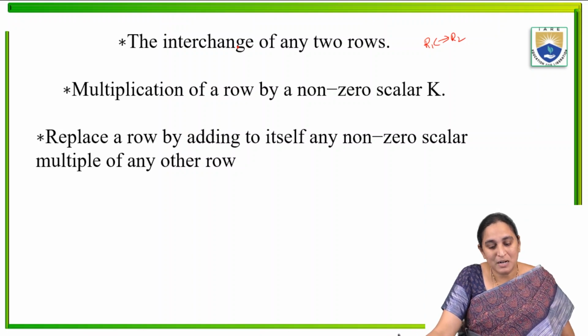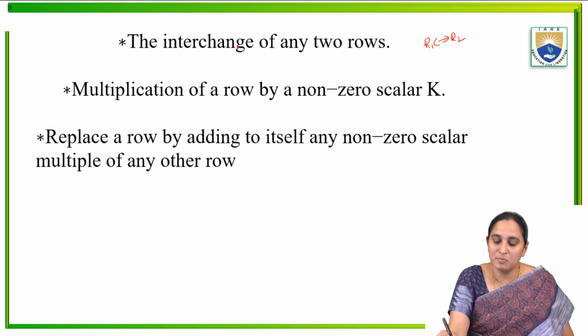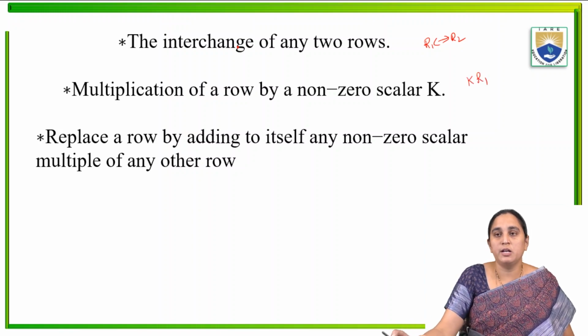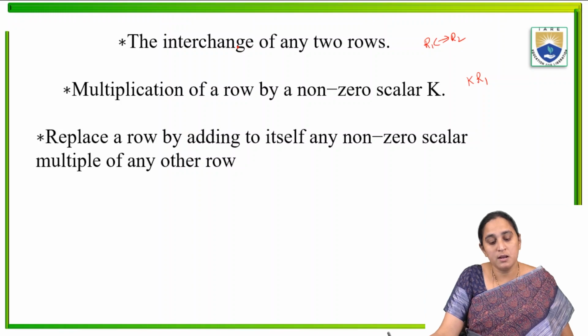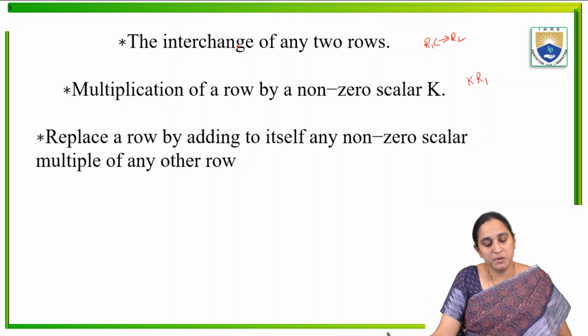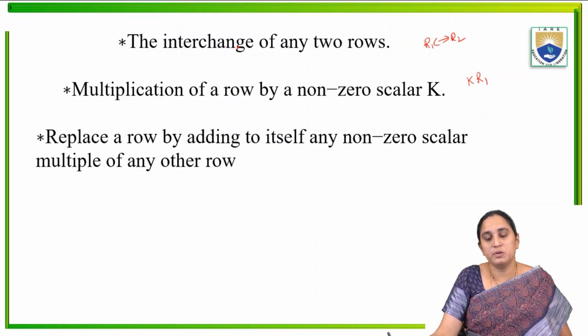And multiplying a row by a non-zero scalar k means we multiply k into R1. The next one is replacing a row by adding to itself a non-zero scalar multiple of any other row.